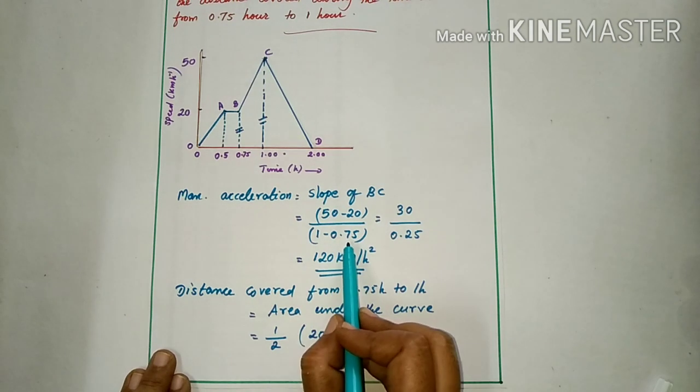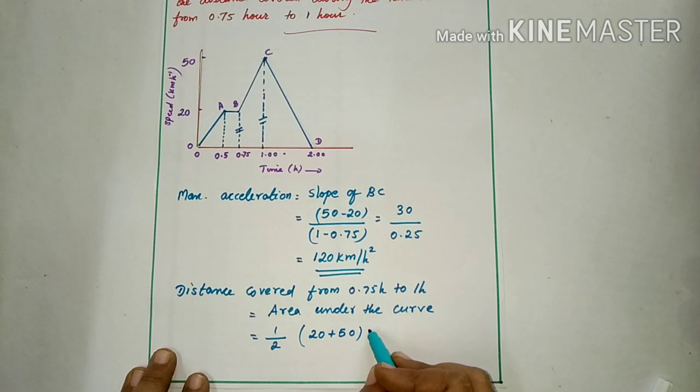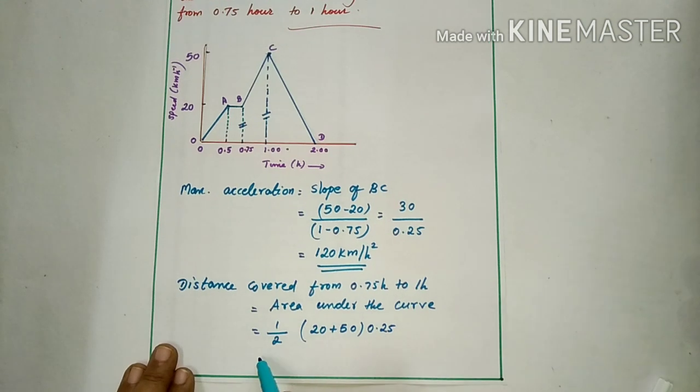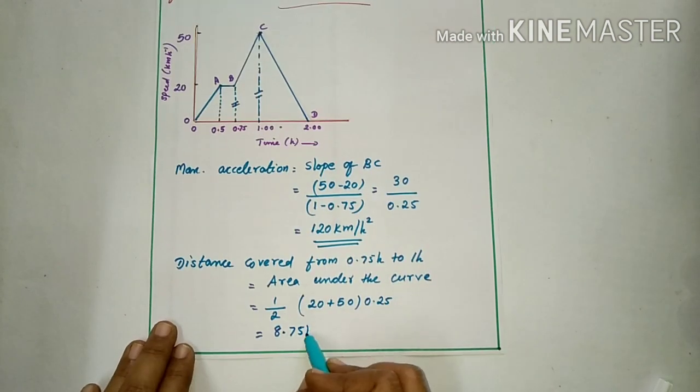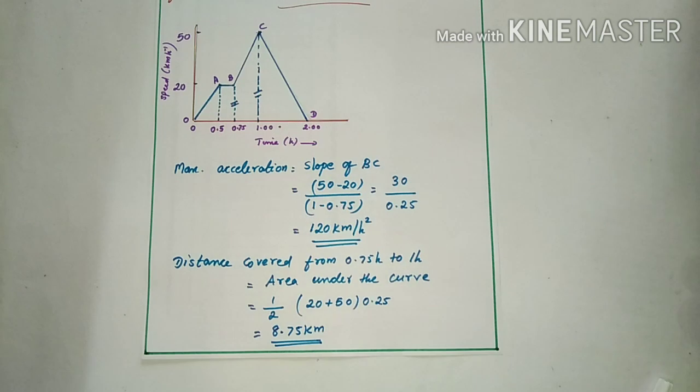So what is 1 minus 0.75? That is equal to 0.25. So when you calculate this, its value is equal to 8.75 kilometer. So this is the distance covered from 0.75 hour to 1 hour.